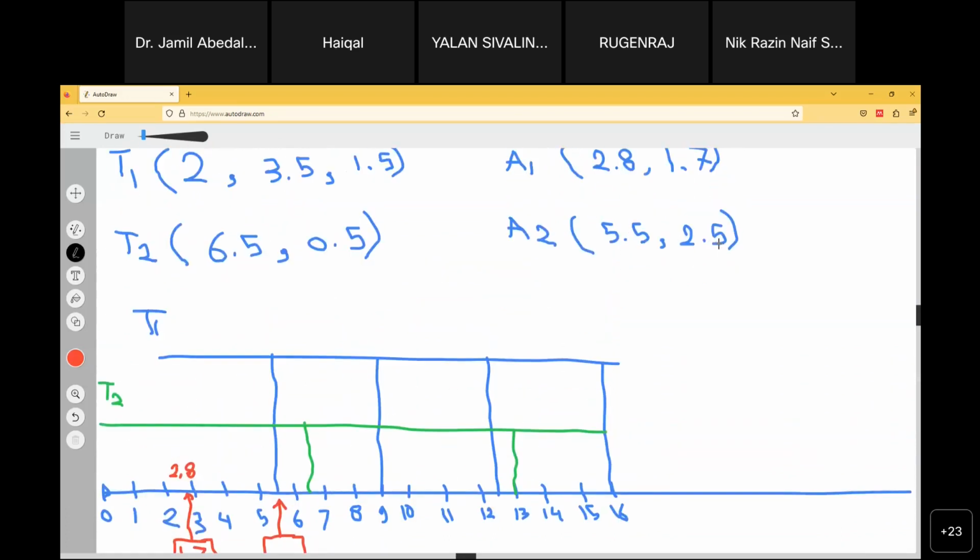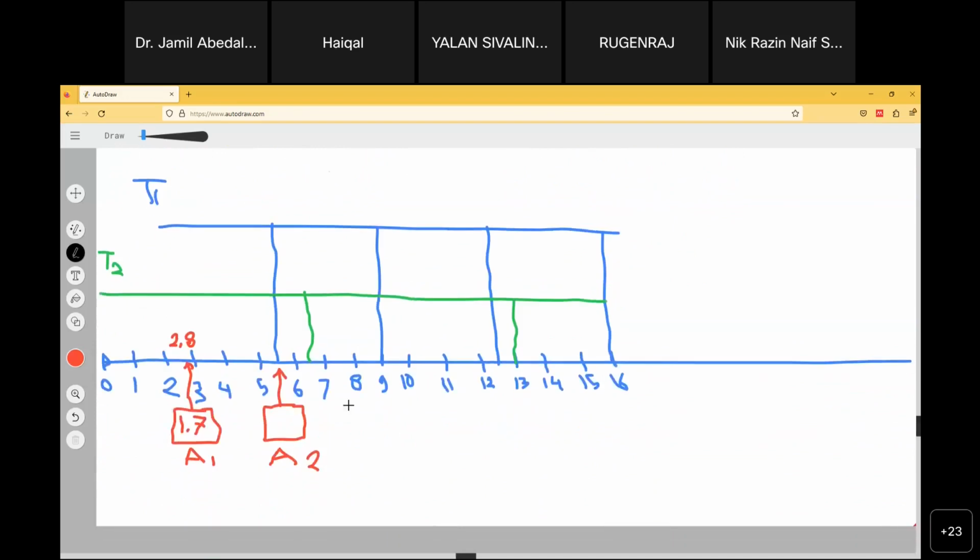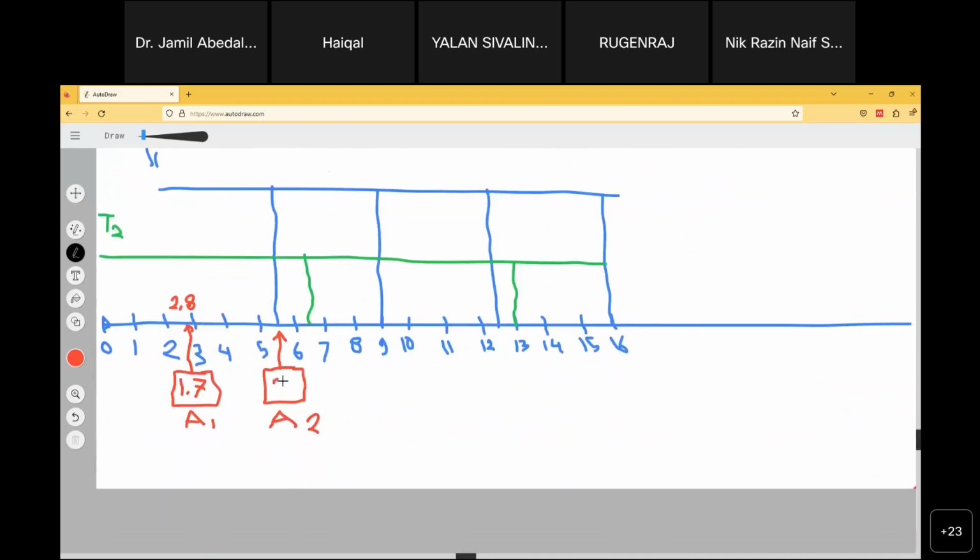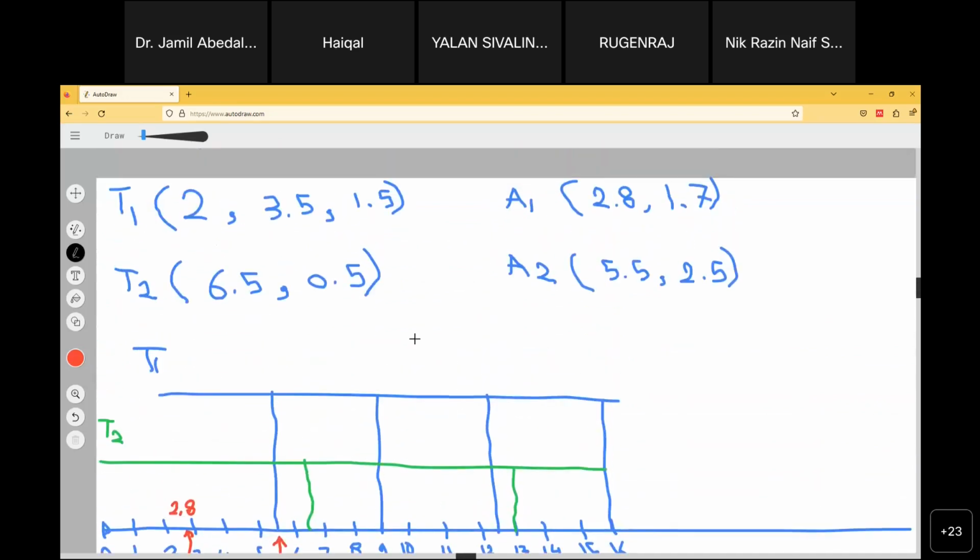Released at 5.5. How many units do we need to execute? 2.5. Okay. And this is without slack stealing.